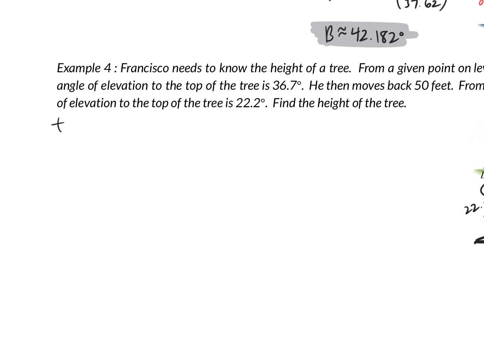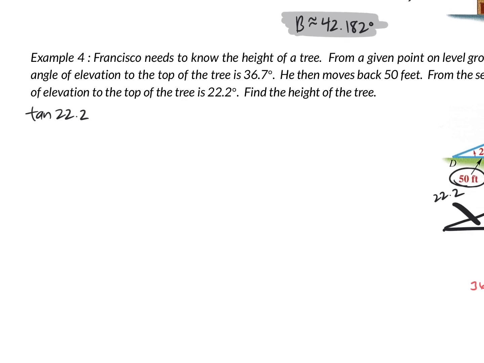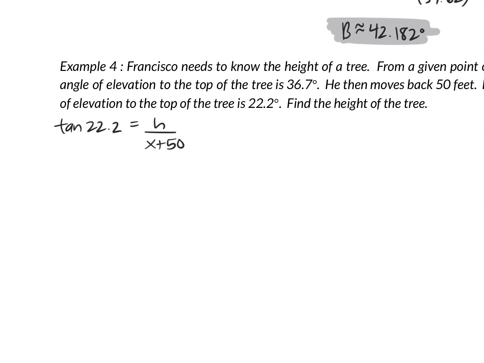I've got the tangent of 22.2 equal to h over x plus 50. I've got two unknowns. The triangle that I drew over there in red is going to be tangent of 36.7, and that's going to equal h over x.